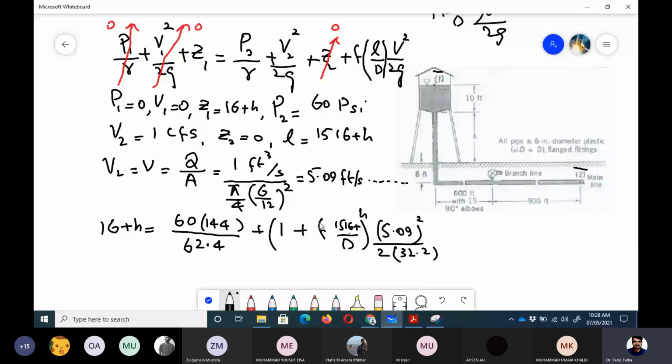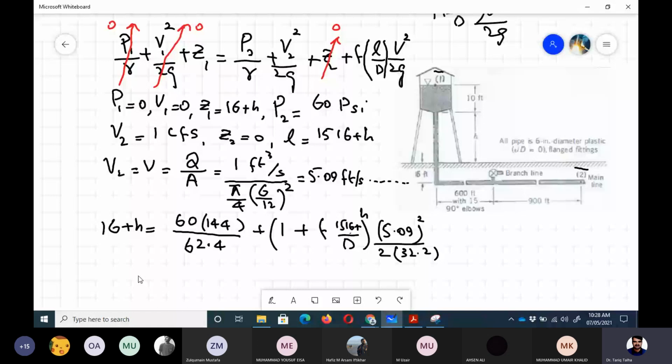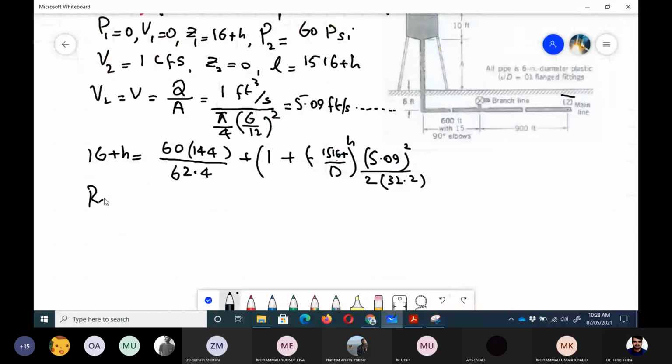Epsilon upon D is equal to 0 in this case, and then we need to calculate the Reynolds number. So the Reynolds number would be equal to rho Vd, or we can just write it as velocity into diameter divided by kinematic viscosity.